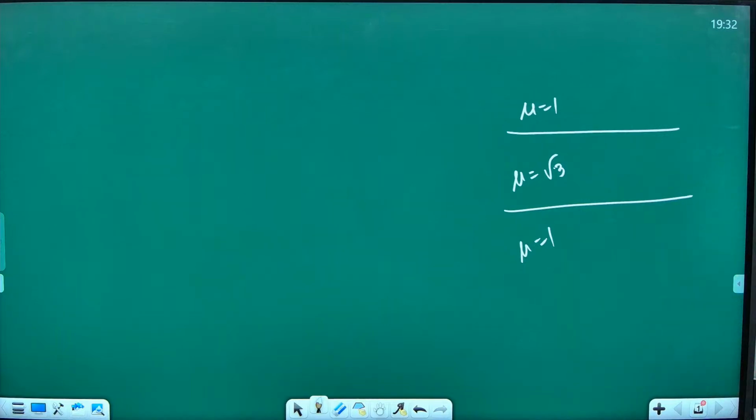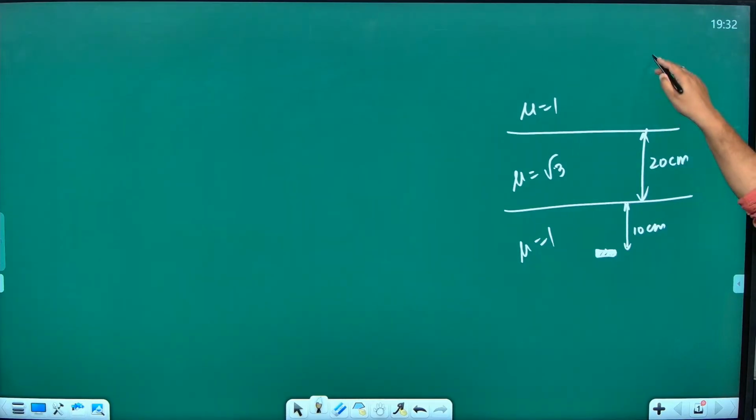There are 3 different mediums, and there is a coin kept here. The coin is at a depth of 10 centimeter from this layer. Here we have 20 centimeter thickness, and once again 20 centimeter above it we have a person who is viewing the coin. Is it clear to you?